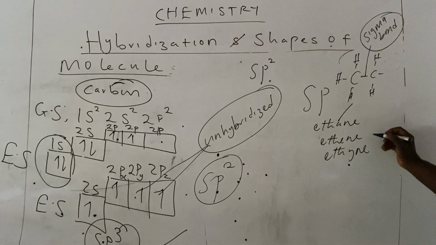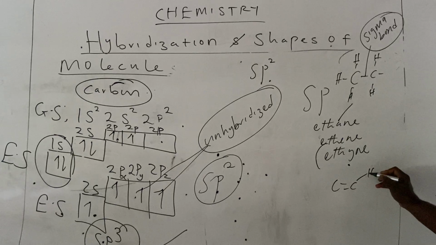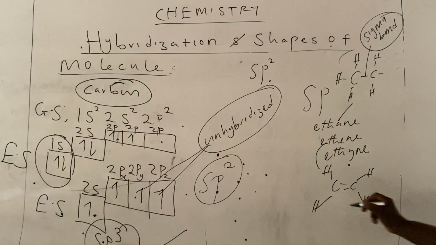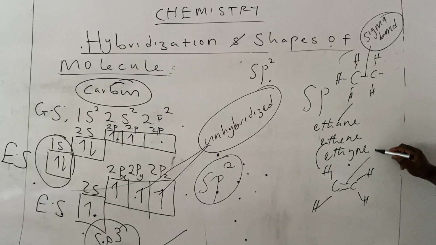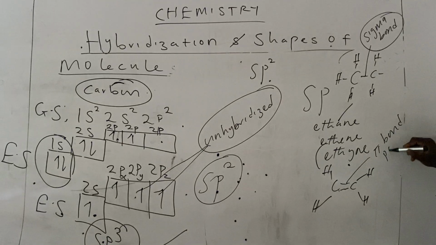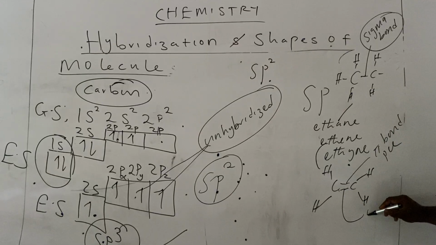Now, but ethene is like this. So for ethene, do you observe something here? This first bond, please write it down, is called the pi bond. Either you write it like the pi bond. The one down is the sigma bond.